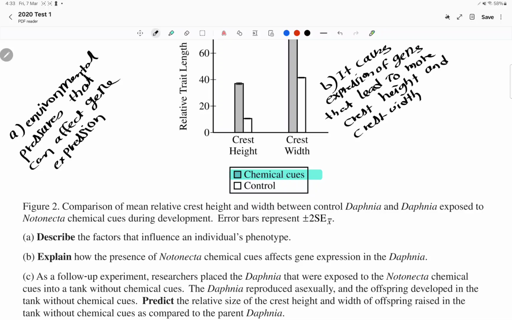Mister, I don't get it. How did they link this to gene expression? Well, if the genes are expressed and those genes can result in more crest height and more crest width, it's because there's a predator in the water.